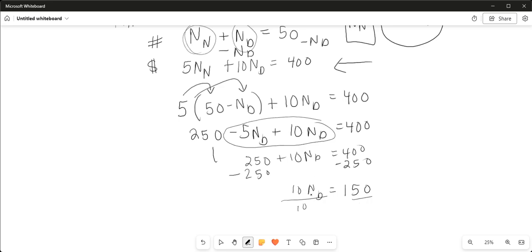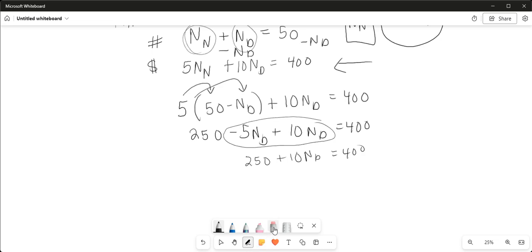Hold on. When I combined those, I should have gotten 5. Sorry. So a positive 10 ND minus 5 ND is 5 ND. So subtract 250 from both sides, and that's going to be 150.